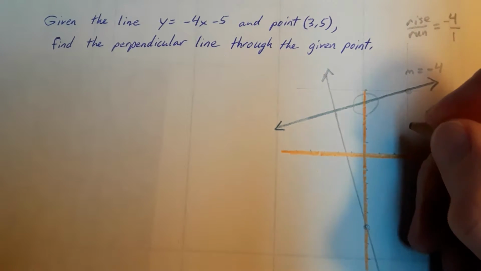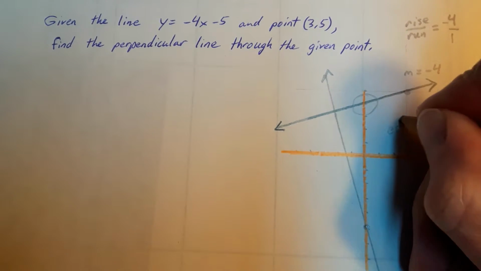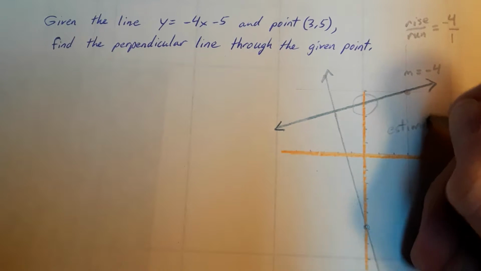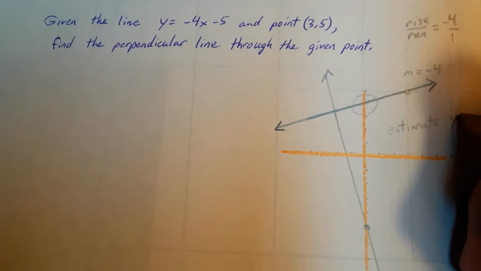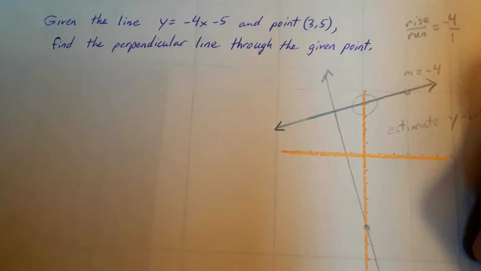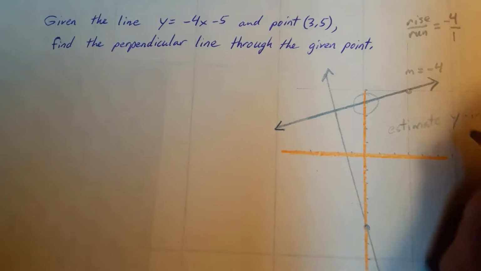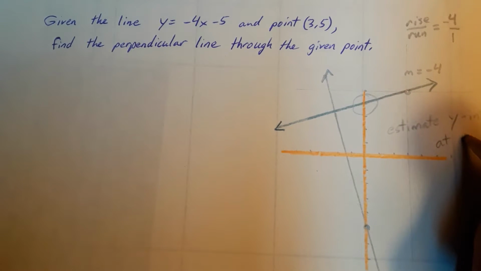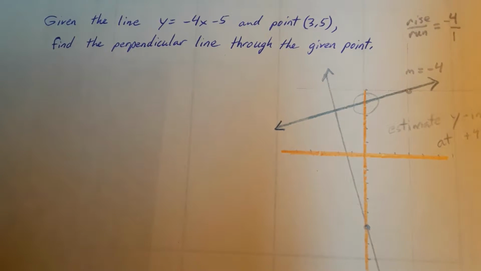I'm going to estimate that the new y-intercept that I'm looking for is going to be at 4. And so when we do this calculation where we do the algebra, that is kind of a checkpoint for me to see that I'm on the right track. So let's go ahead and take a look at this.